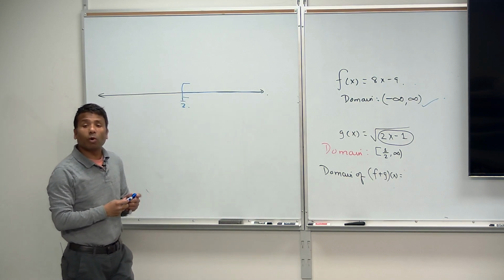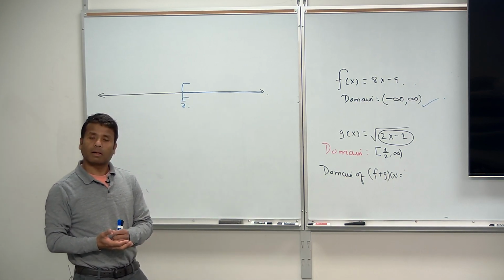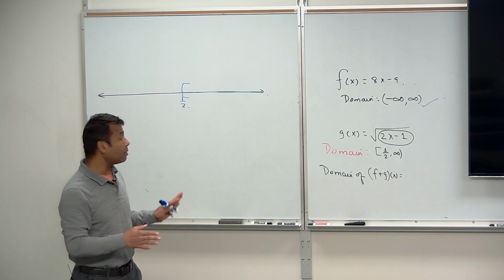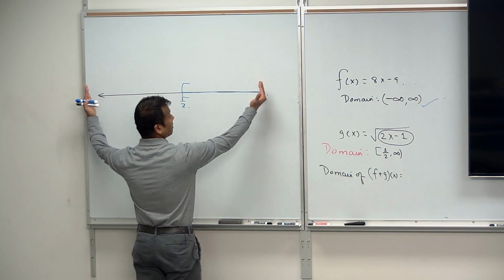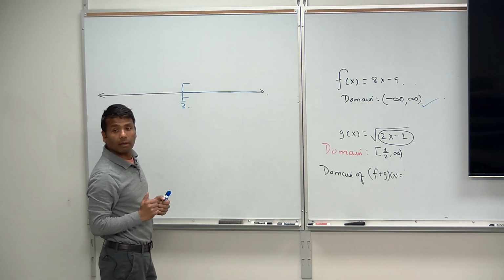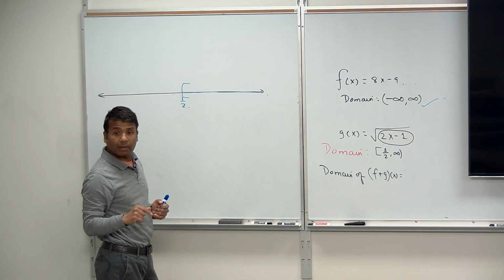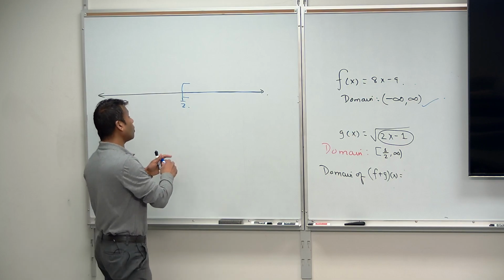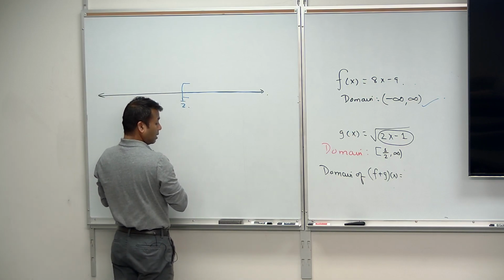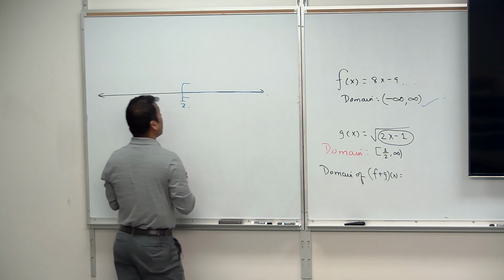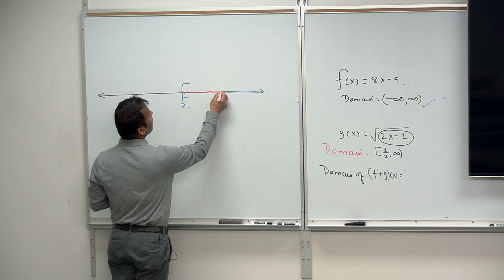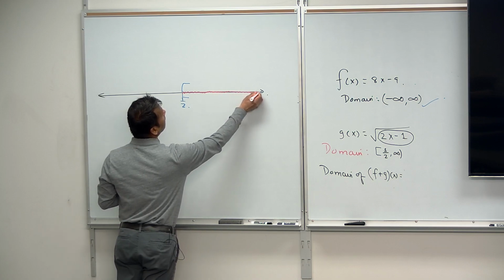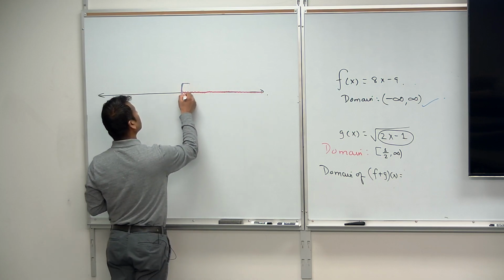So what is the overlapping part of negative infinity comma positive infinity and bracket 1/2 comma positive infinity? Yeah, this is the overlapping part, right? You guys know that?